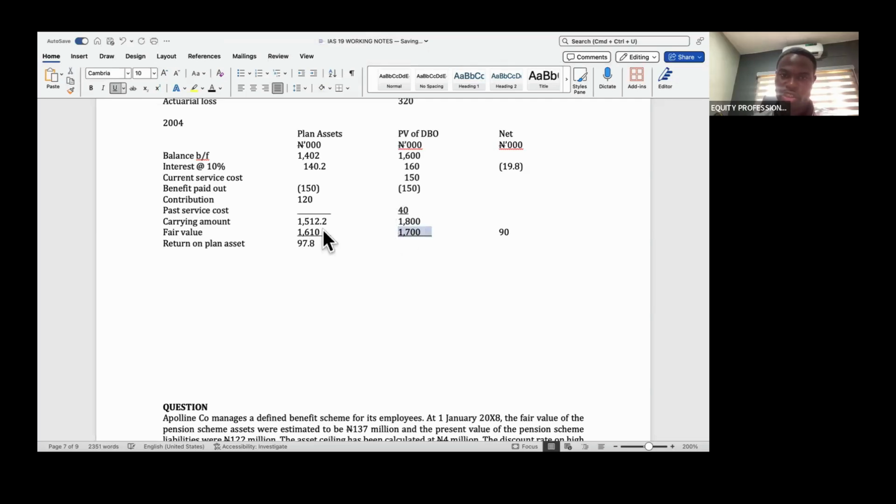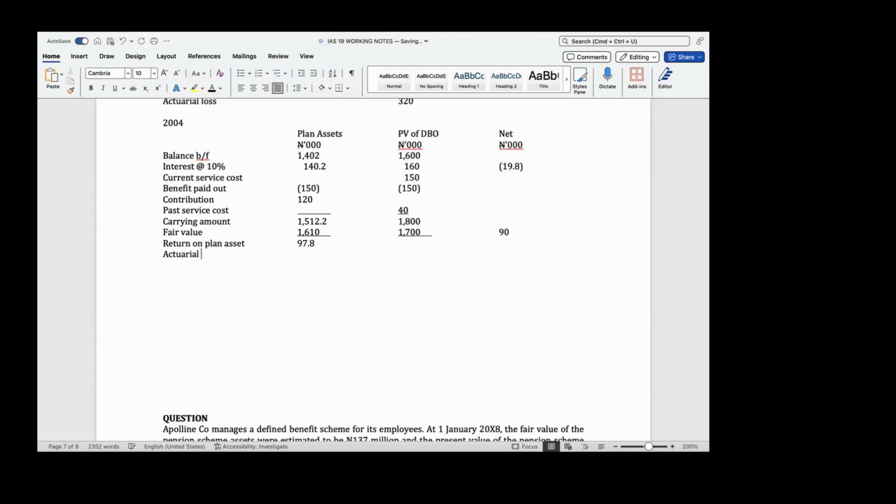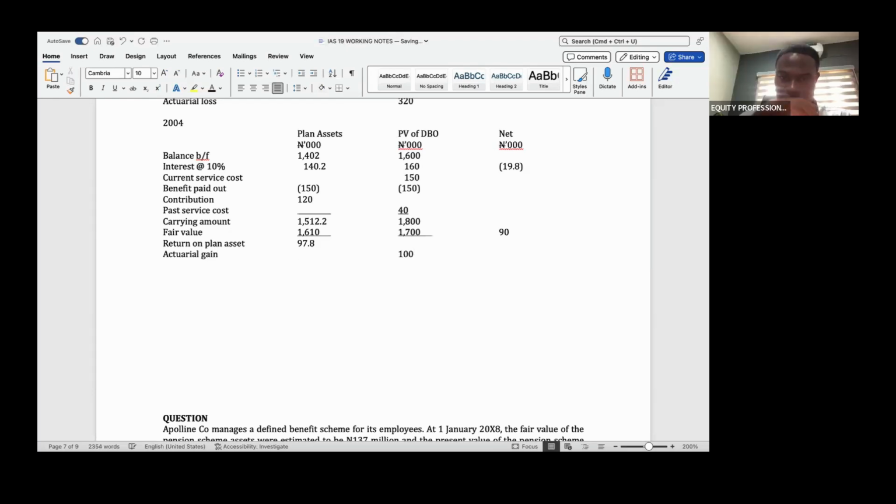This one, our obligation decreased. The fair value is lower. Is that an actual gain or actual loss? Gain. It's a gain because our obligation is decreasing.